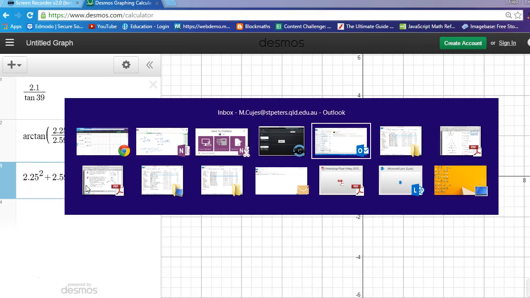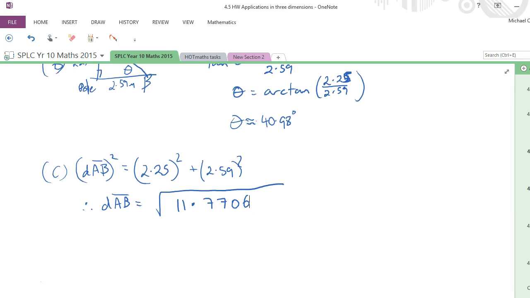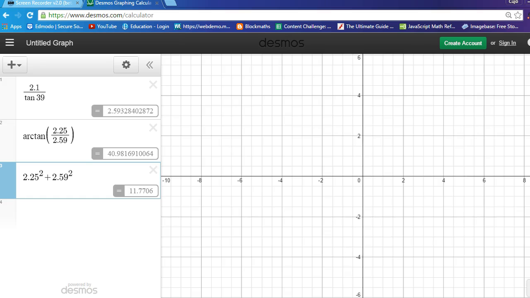11.77. Let's just go through all those because I missed it. So square root of 11.7706. No need to really write all that out because I had the room there under the vinculum, so why not? And we do the square root of that and we will get to our answer.